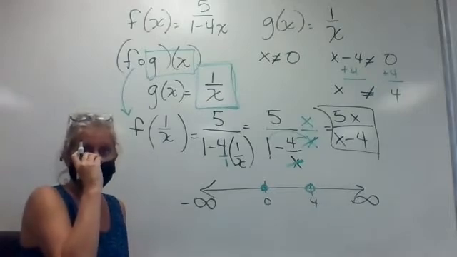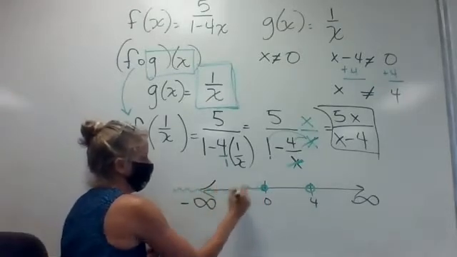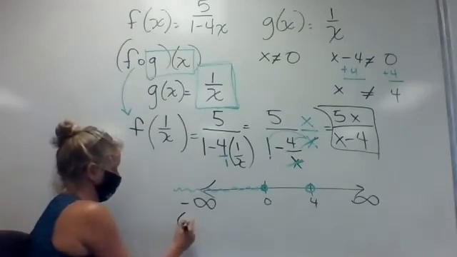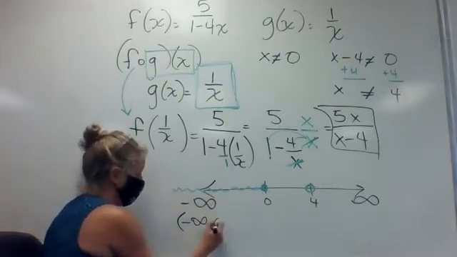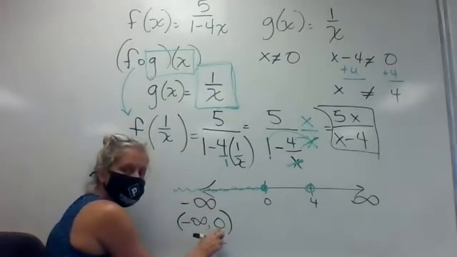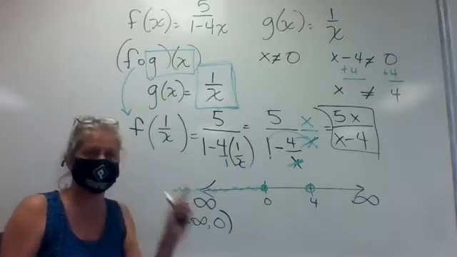So in my interval notation, I want to show this. I want to show that all of this is good. So that one would start at negative infinity and then go to what? 0. I put a parenthesis around the 0. That means do not include that number. That's what a parenthesis is telling you. This number is not included.